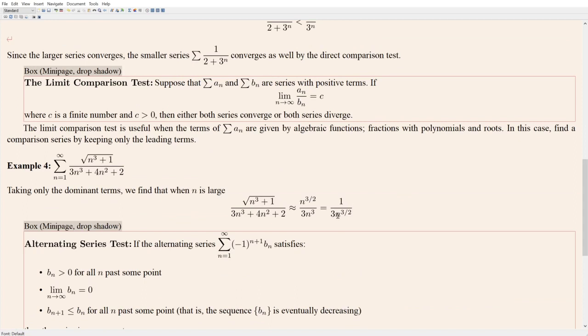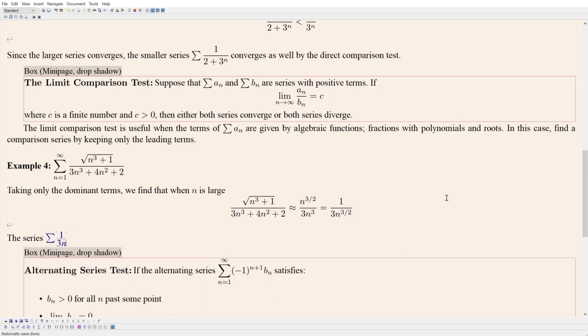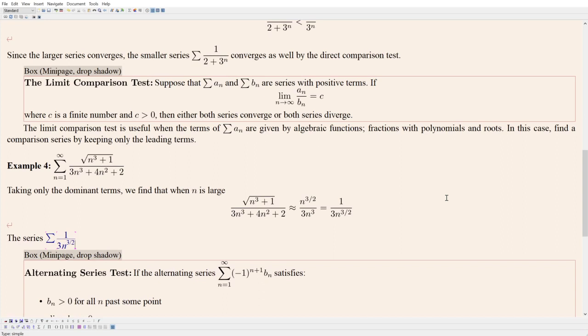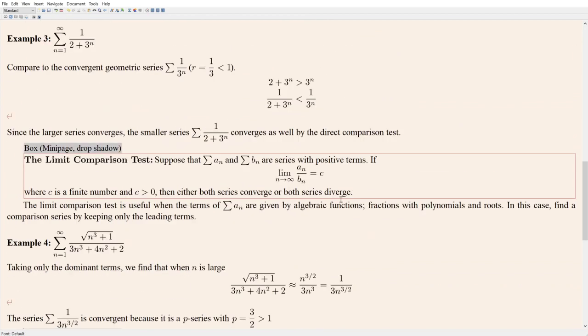Now, this is a p-series where p equals 3 halves is larger than 1, so the series that has this as its terms is going to converge. And that 3 doesn't matter, you can just factor that out. Right? P-series, if p is larger than 1, then it converges.